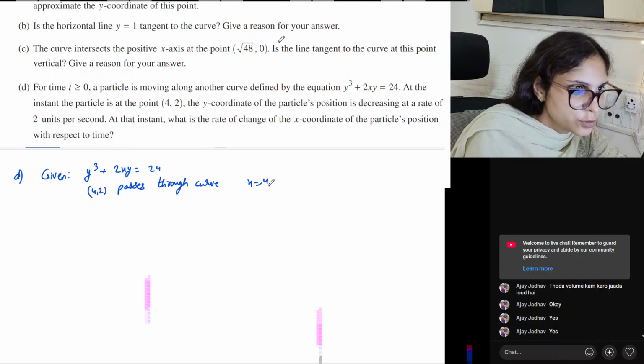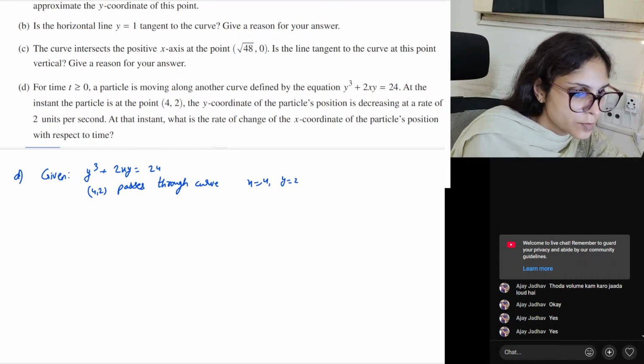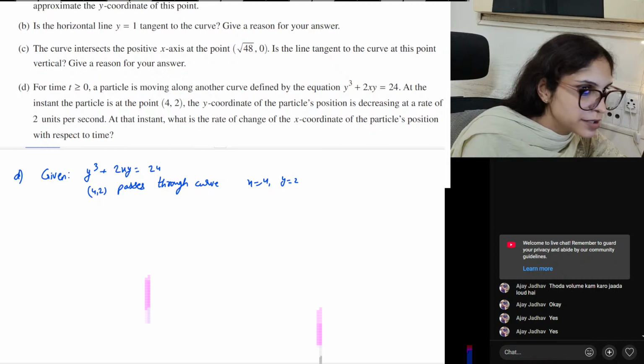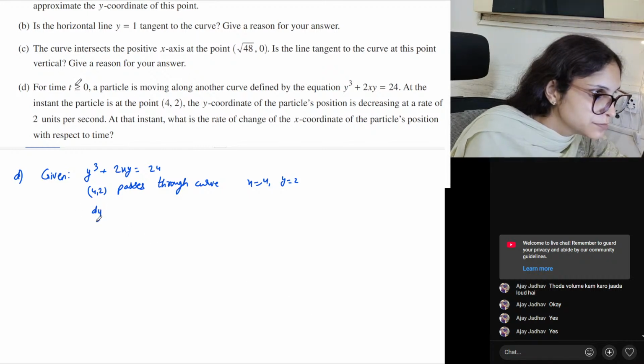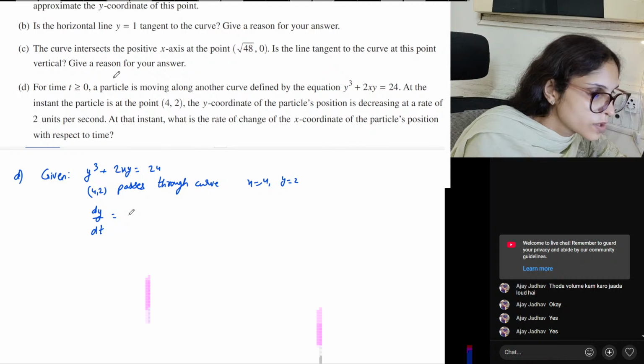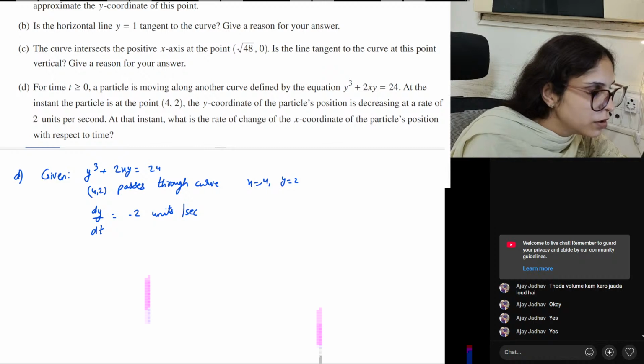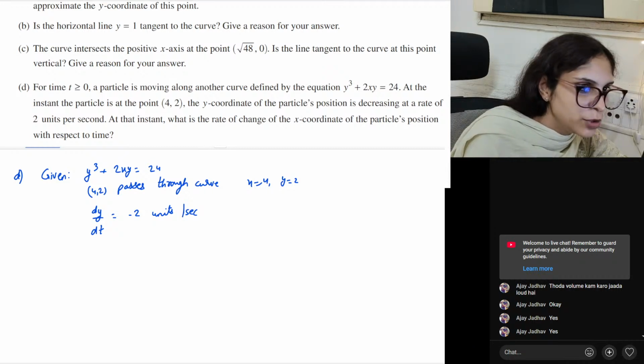That means x is equal to 4, y is equal to 2. Next, the y coordinate is decreasing at a rate of, so dy over dt is given to us: negative 2 units per second, because it is decreasing. And now what you have to find out?